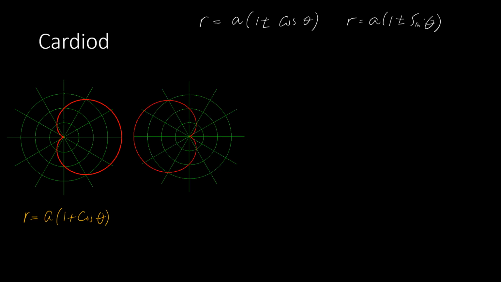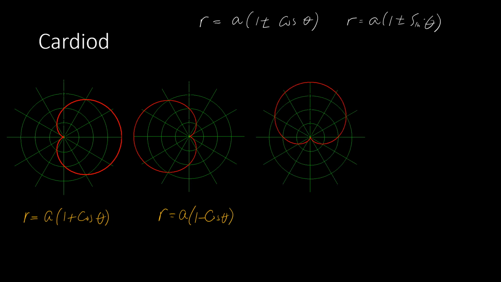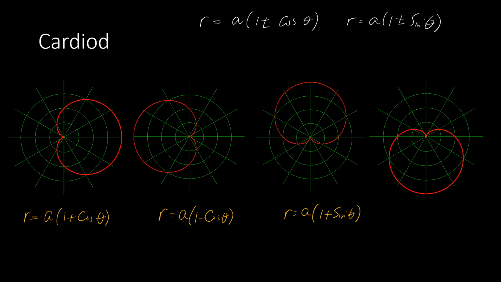The next one, R is equal to A times the quantity 1 minus cosine of theta. Then R is equal to A times 1 plus sine of theta. And finally, R equal to A times 1 minus sine of theta.